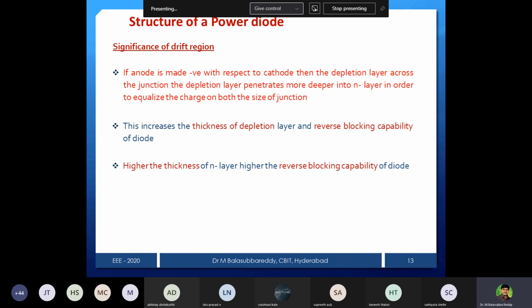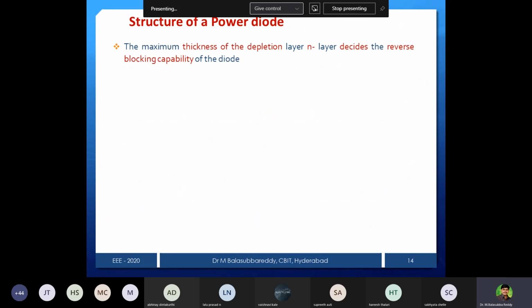If the thickness is more, we require more voltage to break the junction. Nothing more than that. The maximum thickness of the depletion layer, the N minus 1 layer, decides the reverse blocking capability of the diode.